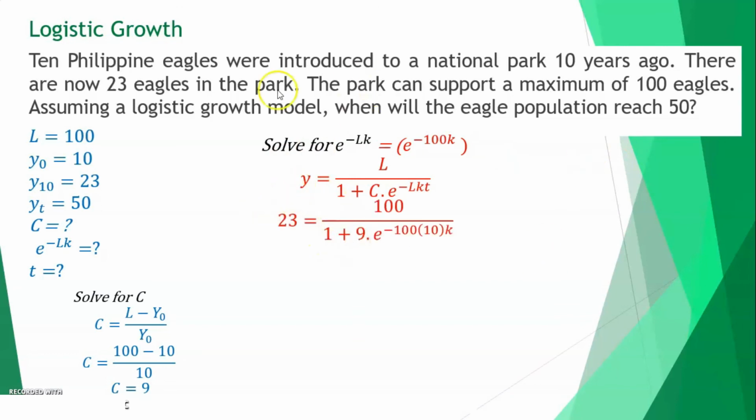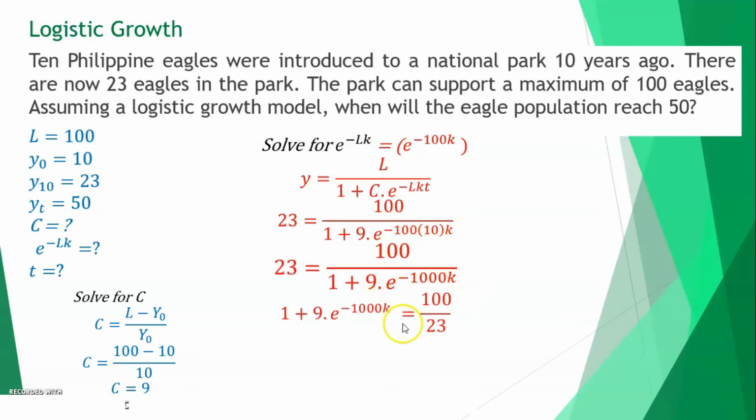So let's have here 23 is equal to 100 over 1 plus our c, which is 9, e to the negative 100, then after 10 years, then k. So substituting, we will get this one. Cross multiplying, we will get this.